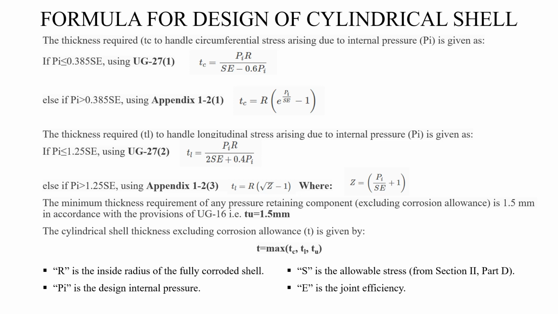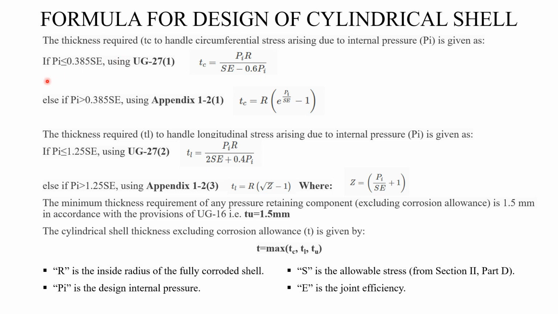Pi is the internal pressure, R is the radius, S is the allowable stress value, which you will get from Section 2 Part D, and E is the joint efficiency which we have seen in the previous video. Depending upon your radiography inspection, the efficiency is defined, and based on that we put it in the 0.7 to 1 range: 0.7, 0.85 or 1, depending upon the radiography you have chosen.